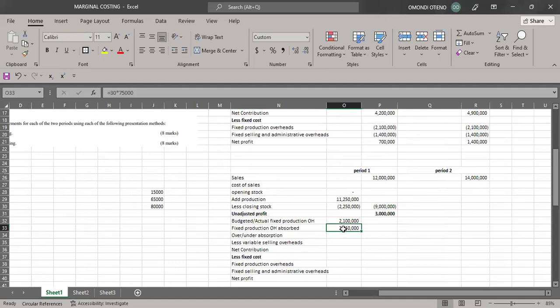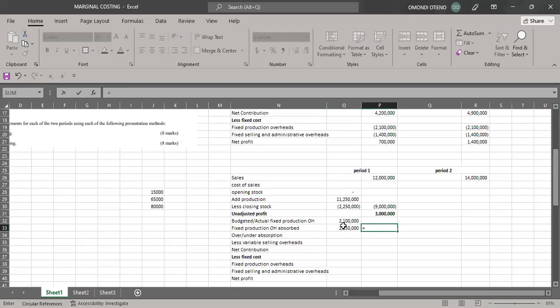Have you over-absorbed or under-absorbed? Please help me get that. What you have recorded in the income statement is 2,250, but the real expense is 2,100. So you have exaggerated your expenses.